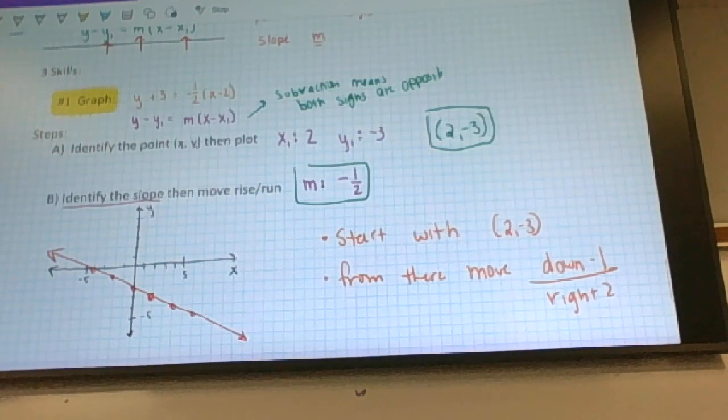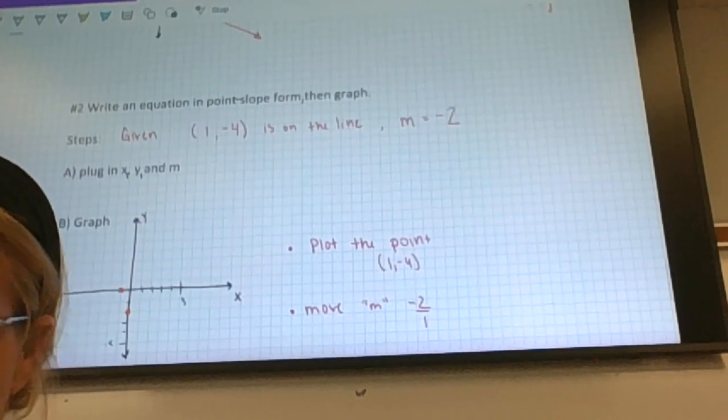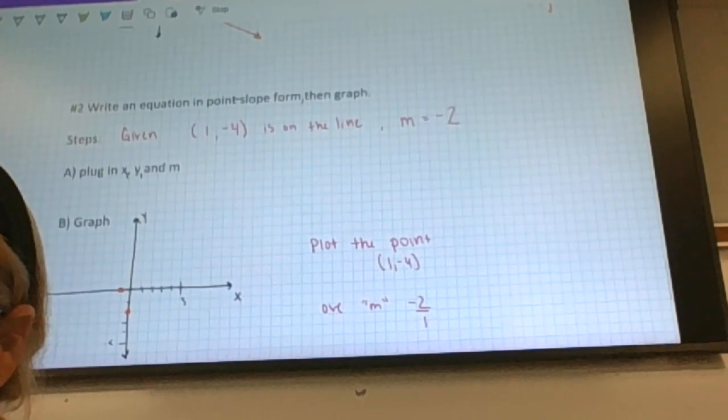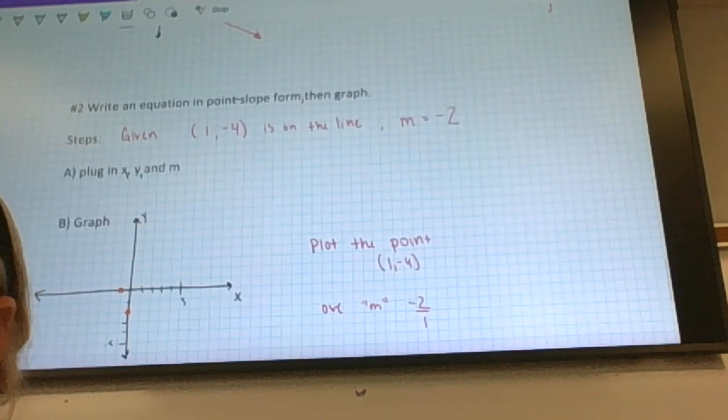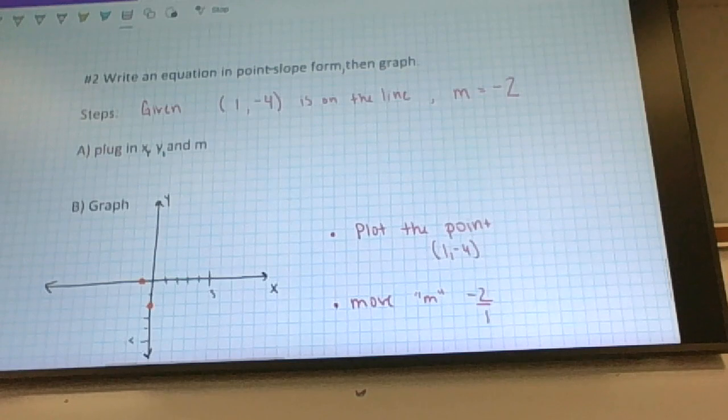Okay, let's do another one. Write an equation in point slope form, then graph. All right, so this is another type of question you're going to see. It's going to give you a point, and it's going to tell you slope.